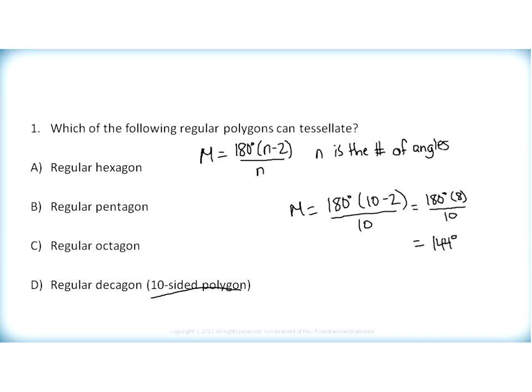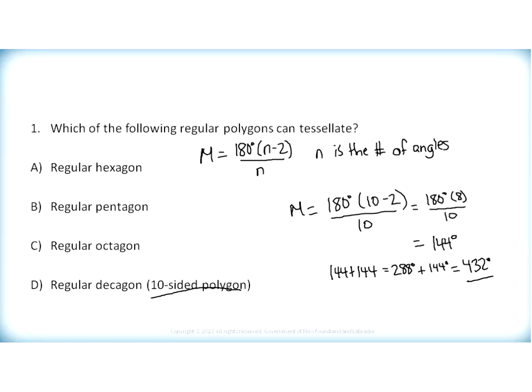Now, if I have my decagon, I have 144 degrees. I'm going to add on one other angle, 144, and that's going to equal 288 degrees. I'm not quite at 360 yet, so if I add on another decagon with another 144 degrees, I'm going to get 432 degrees.